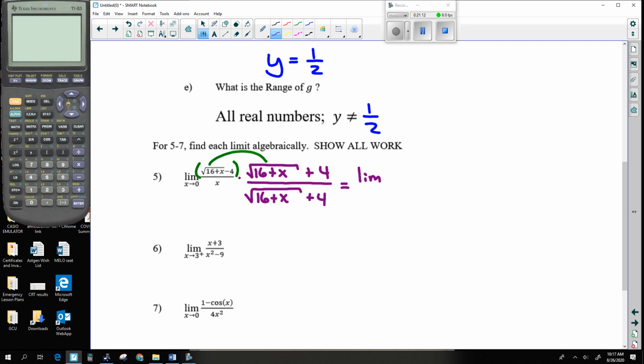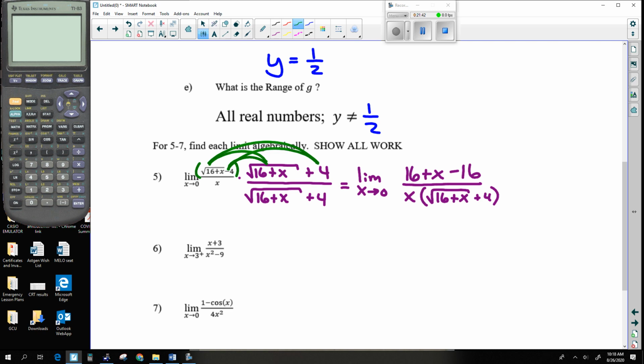This is the limit as x goes to 0. So that's going to be 16 plus x, minus 16, and then this is going to be x, the original denominator, times the square root of 16 plus x, plus 4.